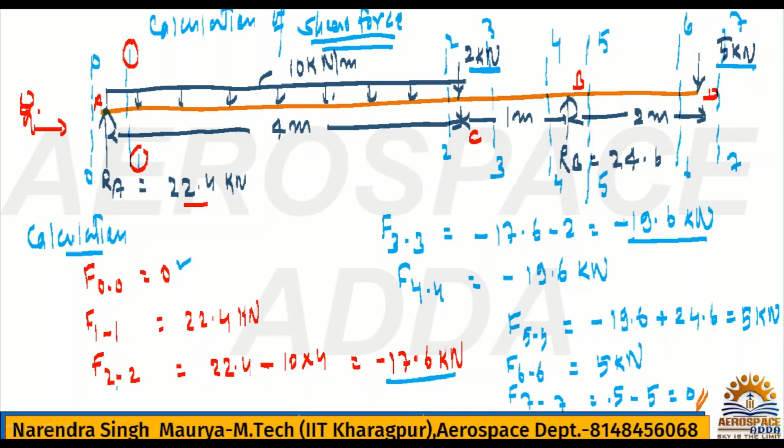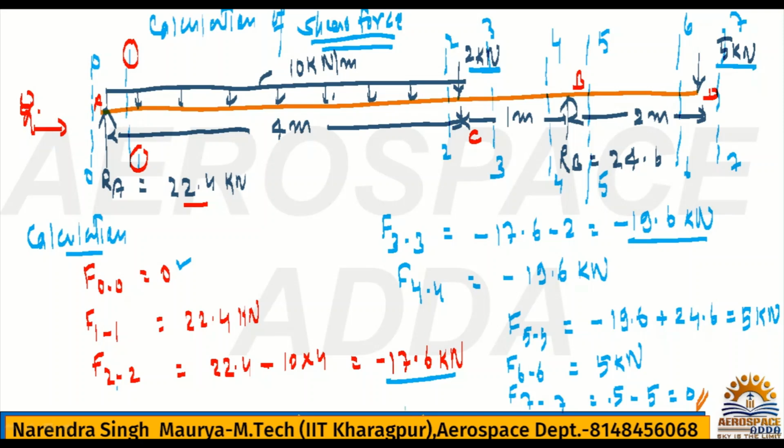So it's very clear, 17.6 is just before the point C, and F33 is just after point C. Once the 2 kilonewton is considered, it becomes minus 19.6. Before considering 2 kilonewton, it is minus 17.6.